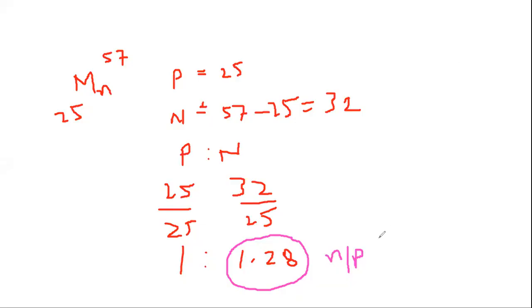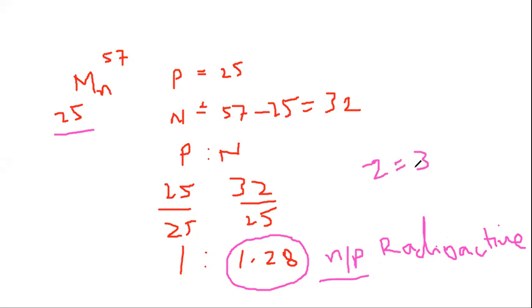This is a radioactive nuclide. Why is it radioactive? Because the atomic number is 25, or you can say the number of protons is 25, and you have already learned that if the atomic number is up to 30, then the ratio between neutron and proton must be 1.25.